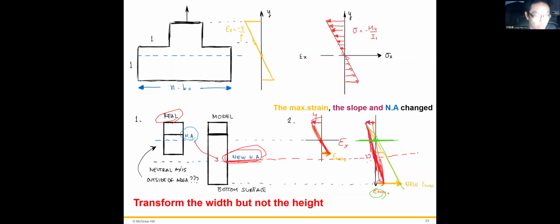With the new neutral axis, we have a new strain. Therefore, if we just modify the height, the maximal strain, the slope and the neutral axis will change. It makes no sense for the real case. It's not true.